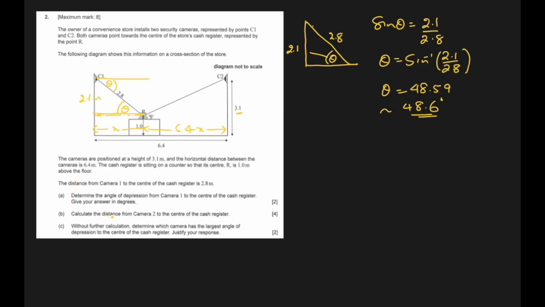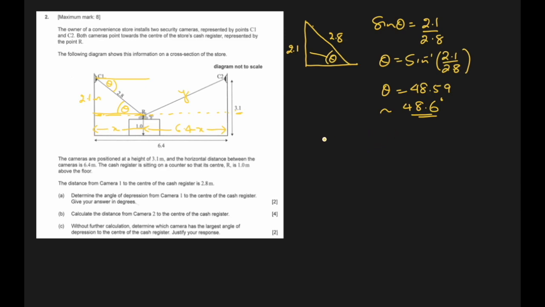Calculate the distance from camera 2 to the center of the register. Let's call this distance y. We can complete this one as well.